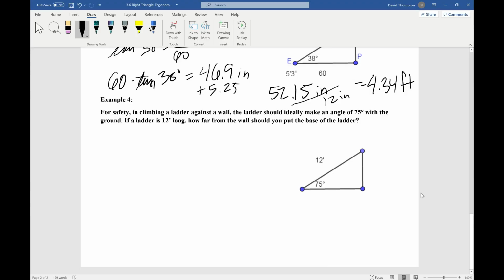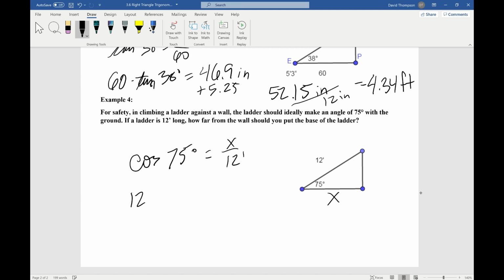Example 4. For safety, in climbing a ladder against a wall, the ladder should ideally make a 75-degree angle with the ground. If the ladder is 12 feet long, how far from the wall should you put the base of the ladder? We're looking for this side x, so it's going to be cosine of 75 degrees equals x over 12.